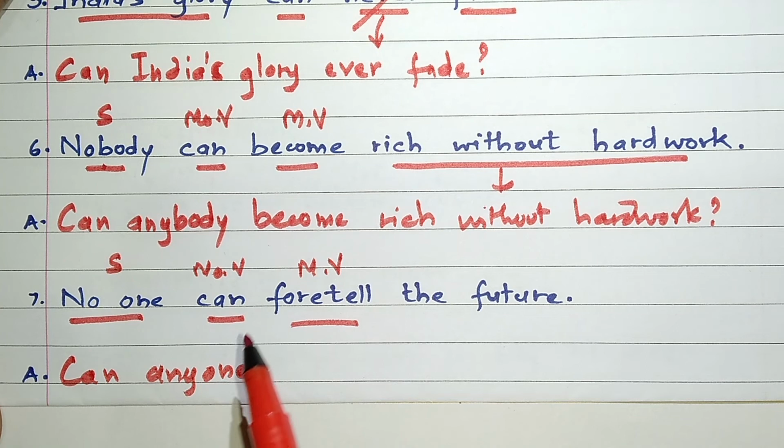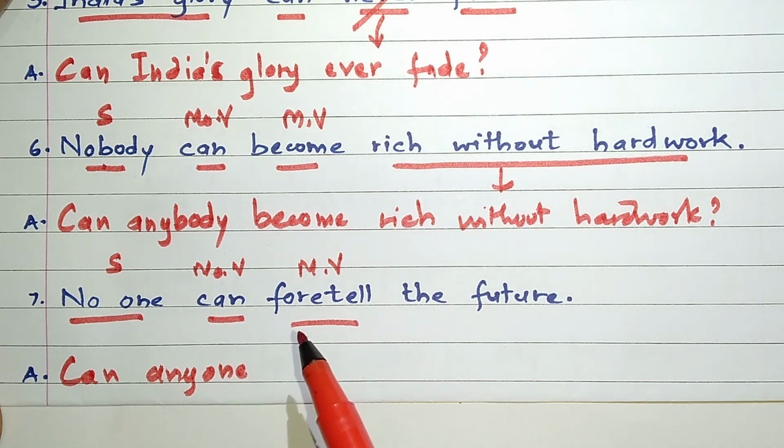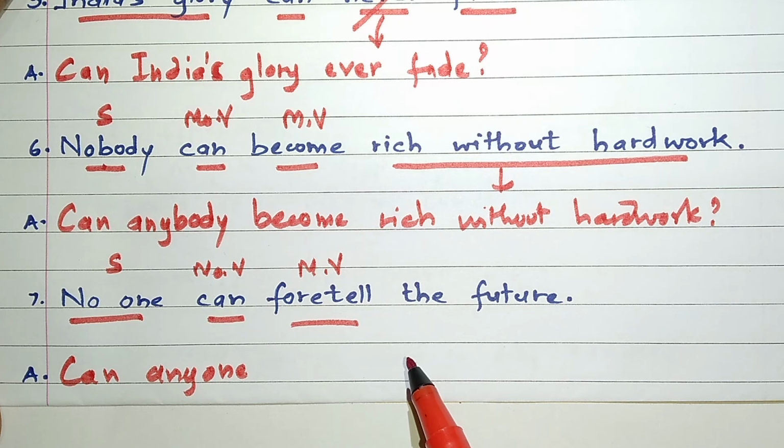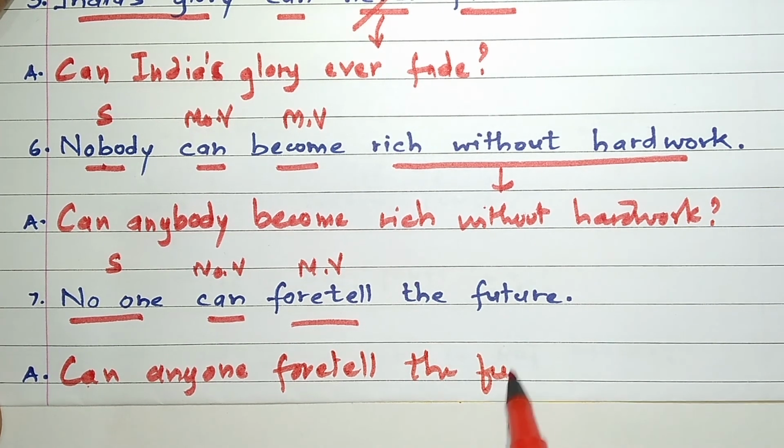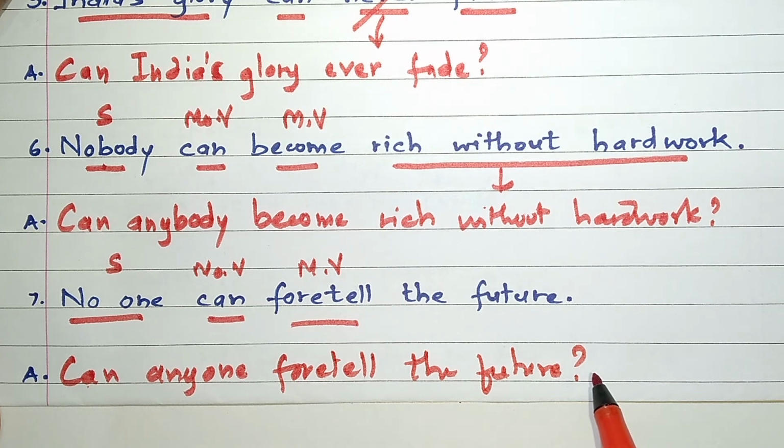Friends, remember, nothing becomes anything, no one becomes anyone, never becomes ever, nobody becomes anybody when we are writing the interrogative sentence in the affirmative. So can anyone, followed by the main verb, that is foretell the future, followed by a question mark at the end. Can anyone foretell the future?